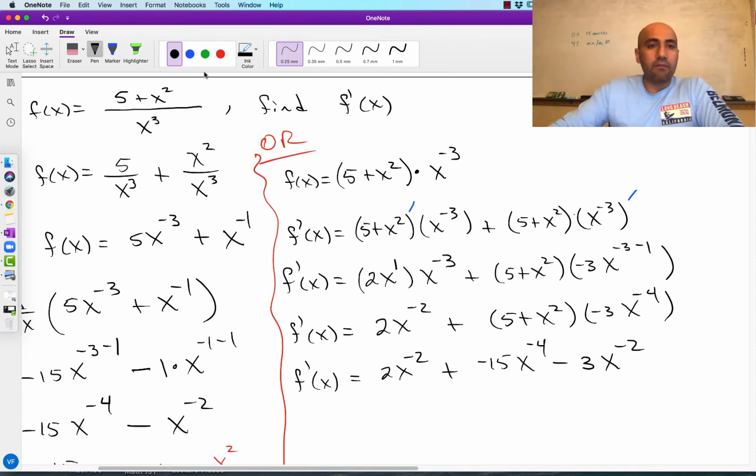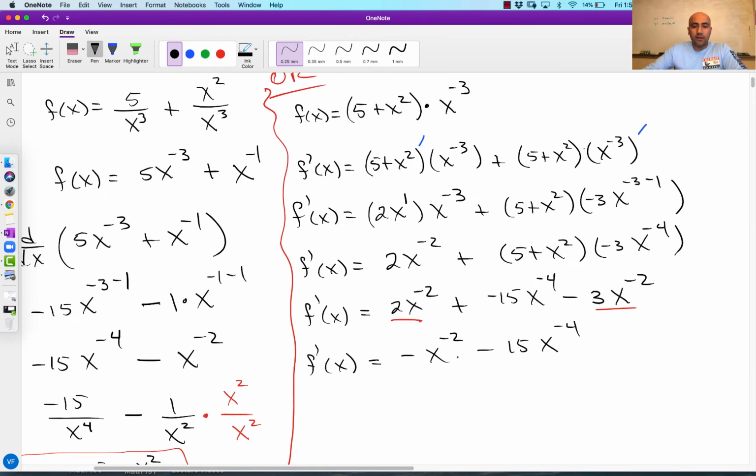Good. And now we can combine these two. This one and this one have the same powers, so we can combine them to be equal to minus 1. So we get f prime of x equals minus x to the minus 2 power, minus 15x to the minus 4 power. Okay, so then let's rewrite it.